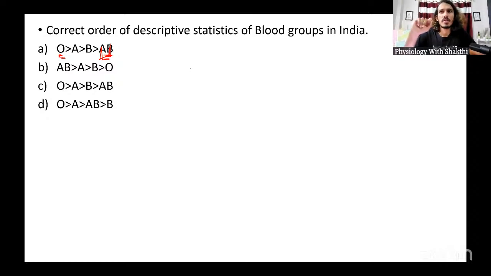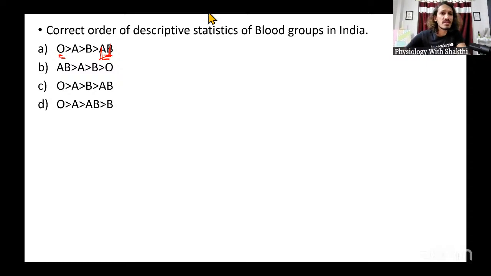Okay. Now in standard textbooks and all, answer A is given as correct because that data is based on data from the US.